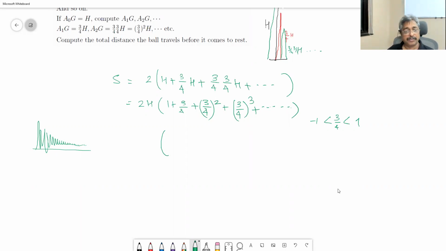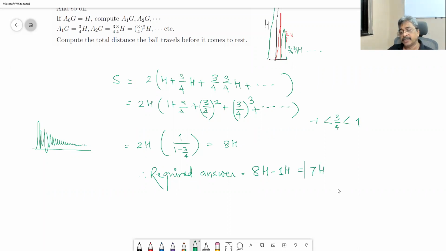Okay, anyway, so first term is 1 divided by 1 minus 3/4, into 2H, which is equal to 4 into 2H, 8H, and therefore required answer is 8H minus 1H, which is equal to 7H.